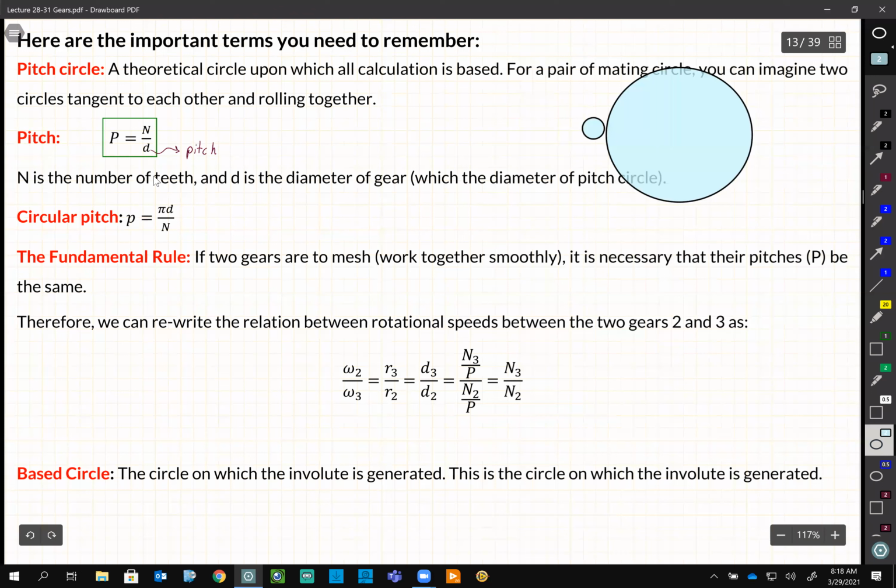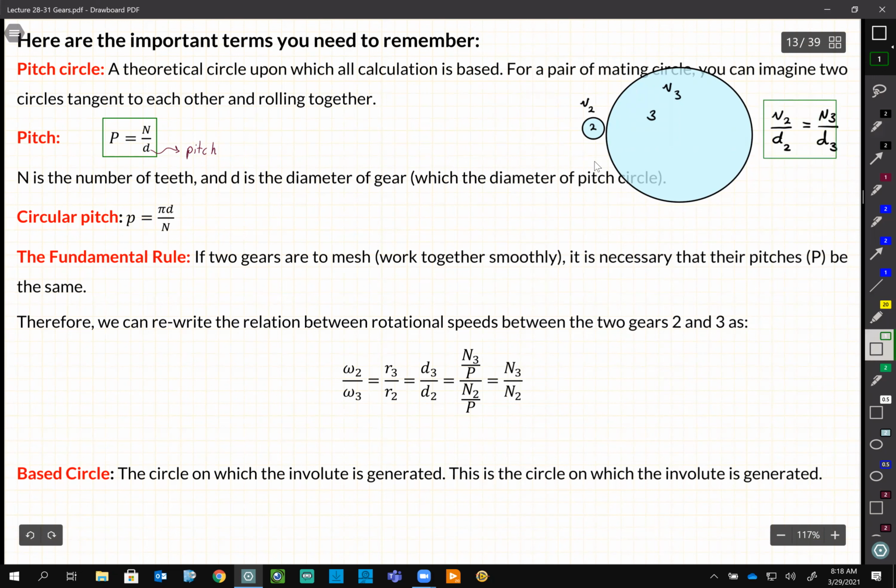That's okay, assuming that in terms of stress and strength they can work together. To guarantee that they can work together, let's say it is gear 2 and gear 3, and they have N2 and N3 teeth. Then whatever diameter or radius I selected, N2 divided by D2 must be equal to N3 divided by D3.